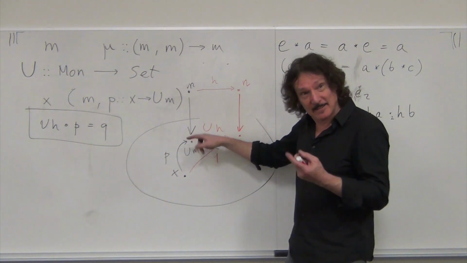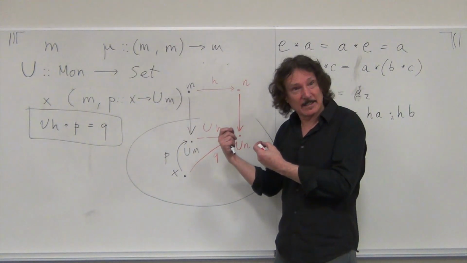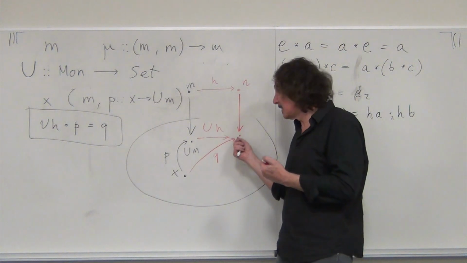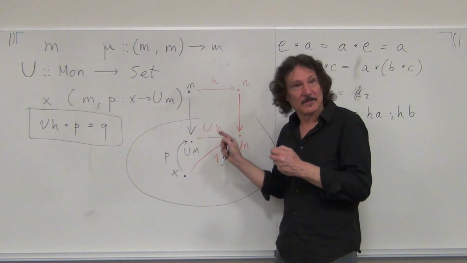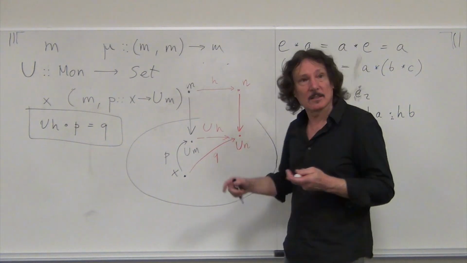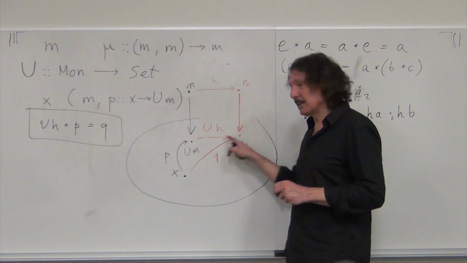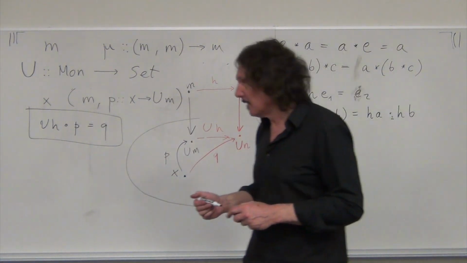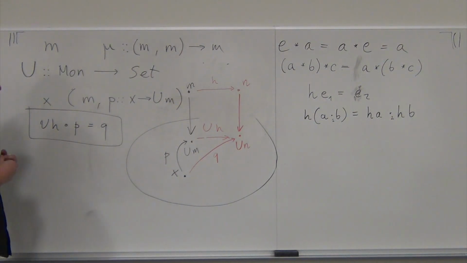It maps these generators to these generators. Maybe it collapses some of them. We don't care, but fine. But this is a commuting triangle.